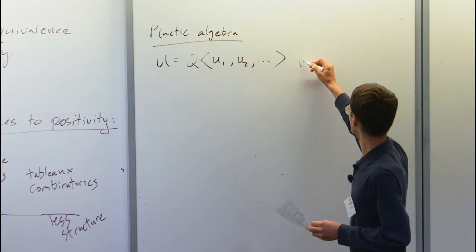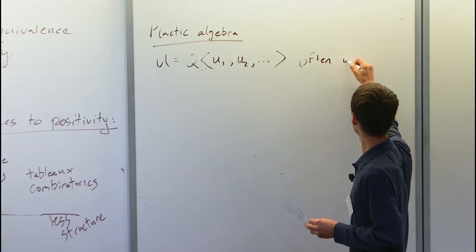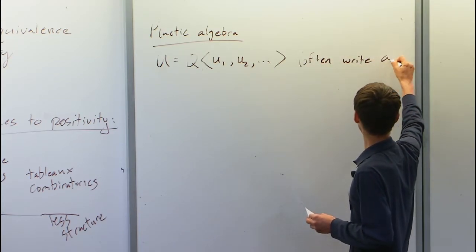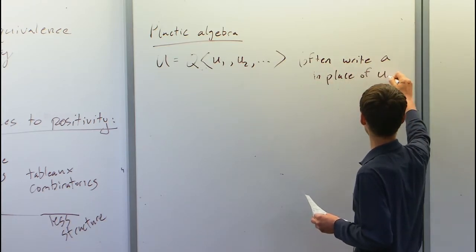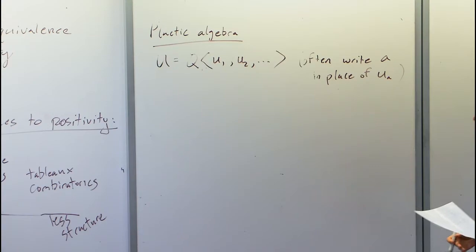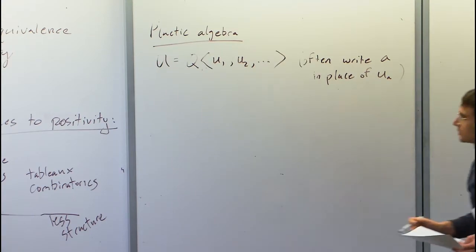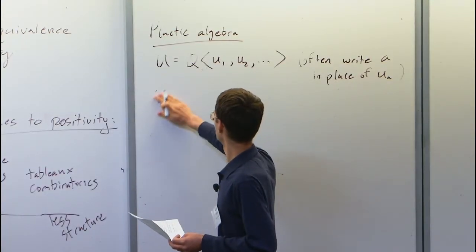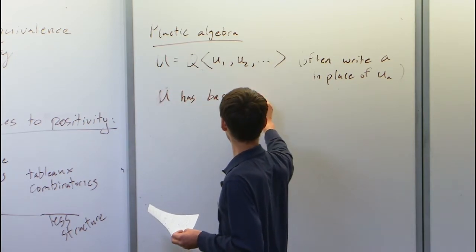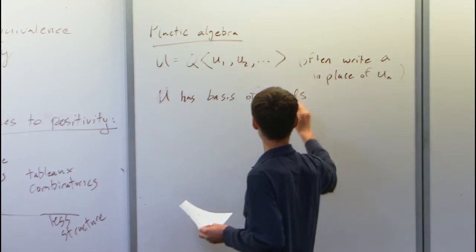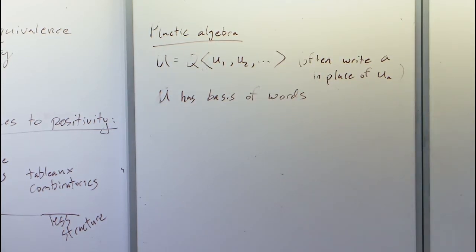And we'll sometimes write just A in place of U sub A. So there's a basis for this algebra: U has a basis of words, just words in the positive integers. These form a basis for this algebra. Multiplication is just concatenation of words.